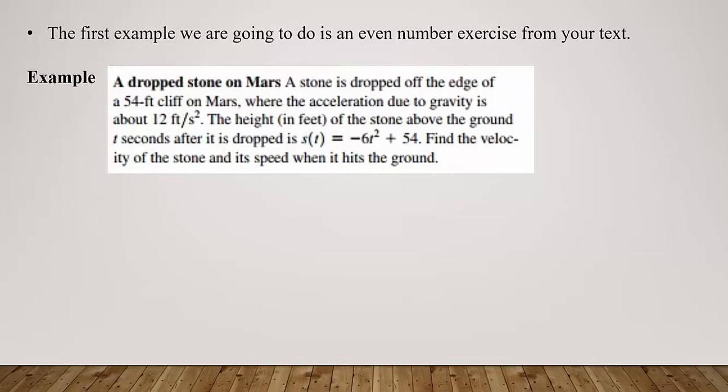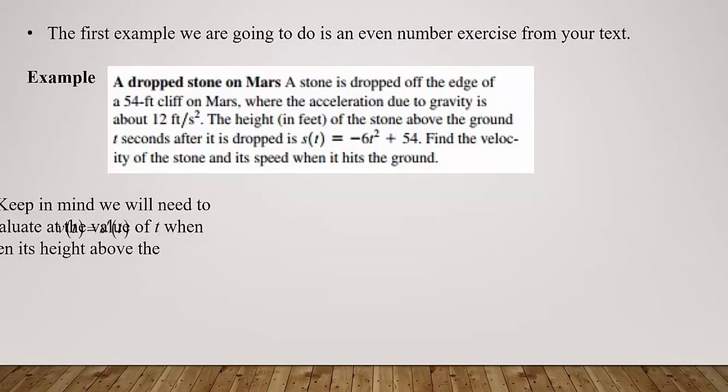The height in feet of the stone above the ground t seconds after it is dropped is given by the position function s of t equals negative 6t squared plus 54. We are going to determine the velocity of the stone and its speed when it hits the ground.